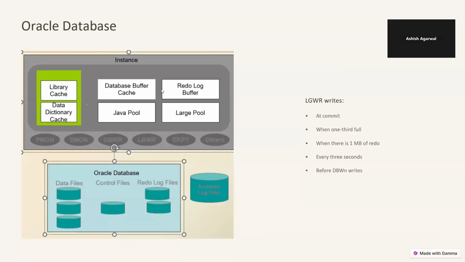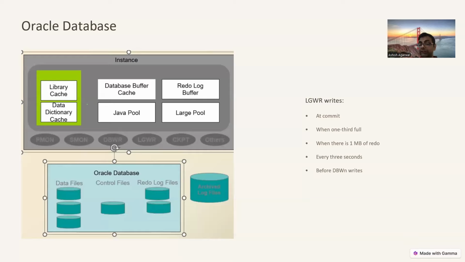Now, these redo log files are limited. Hence, the copy of these redo log files is taken on disk, and these redo log files, once backed up on disk, are called archive log files. So these archive log files are the backup of redo log files, which contain the change data. Whatever data changes are happening in the database, these files contain those.